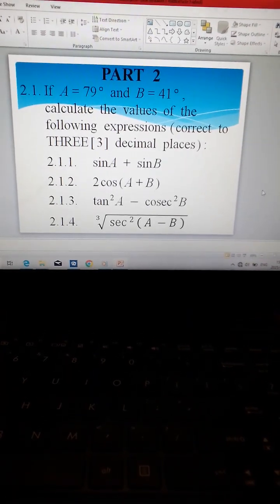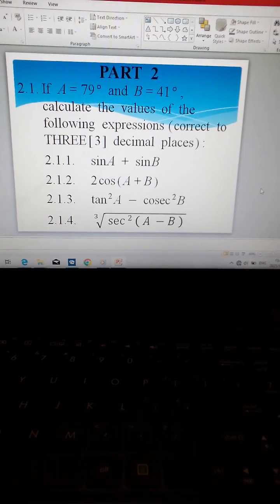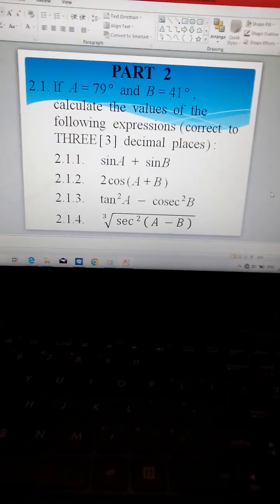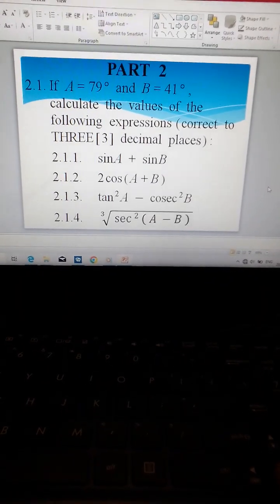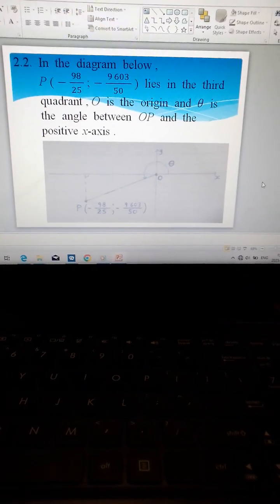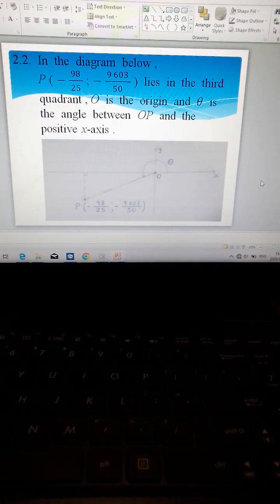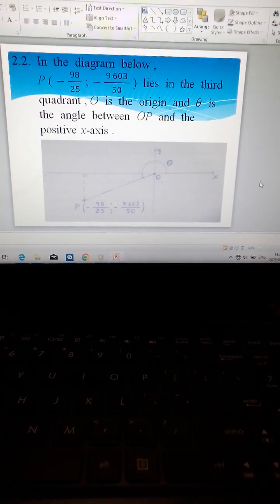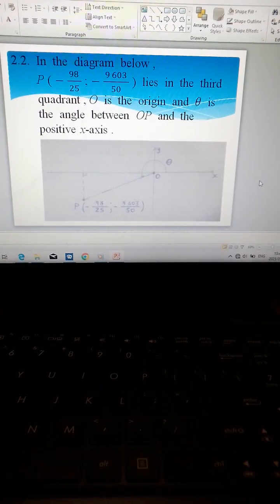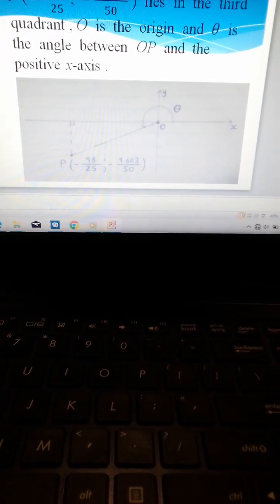My mistake, 2.1.4 was the cube root of sec squared open bracket a minus b. The diagram is not that visible, please forgive me.